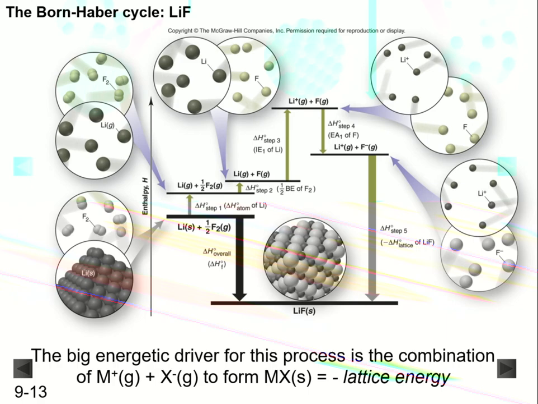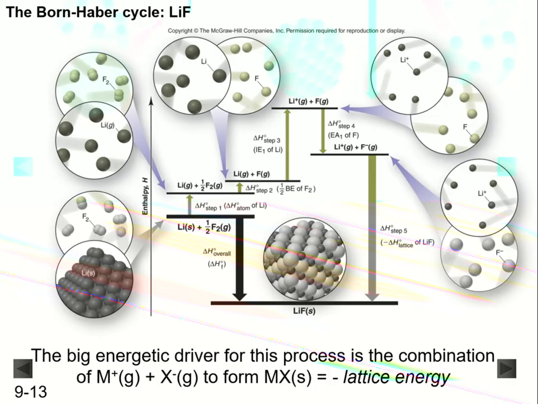And we're going to go through this cycle clockwise. So as we go clockwise, we go to the elements, then to lithium gas, then to fluorine gas, then to lithium ion, and then down to fluoride ion. So now we have lithium plus fluoride.